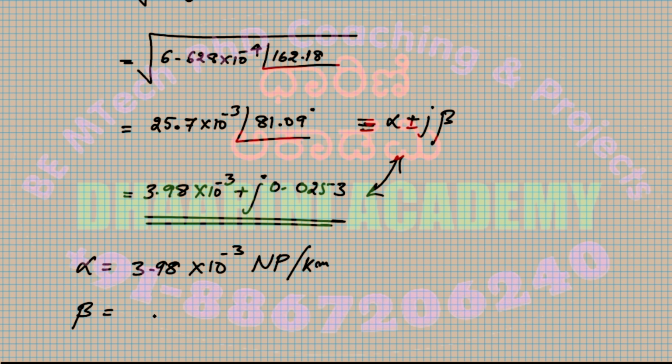It's the phase constant, 0.0253, so it is radians per kilometer. Okay, the first half of the question is over.